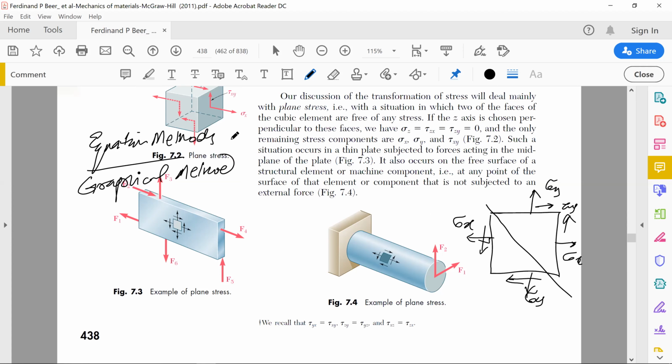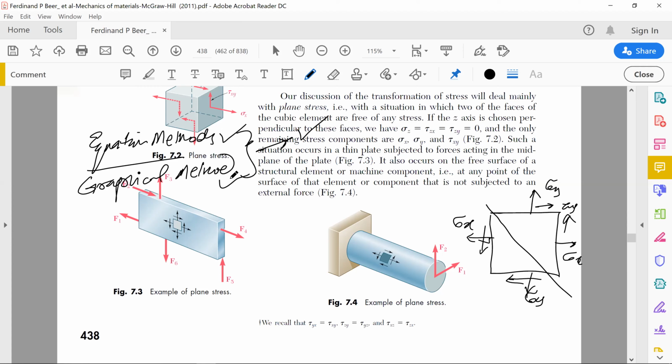So chapter 7 deals with both of these. Initially we will see the equation method, and then we will switch to the graphical method. This is a lot easier than the equation method.